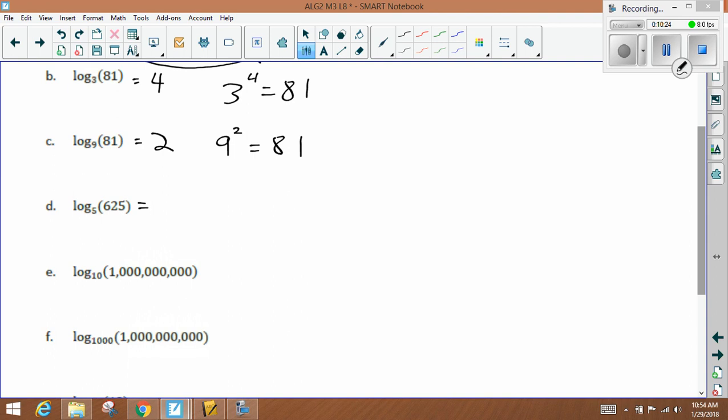5 to what power is 625? 4, I think. So that's saying that 5 to the 4th power is 625. 10 to what power is 1 billion? 8, I think.